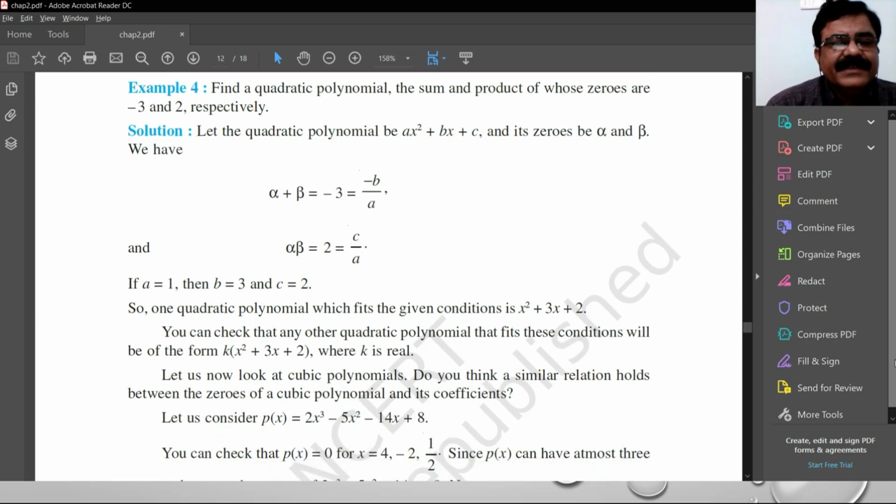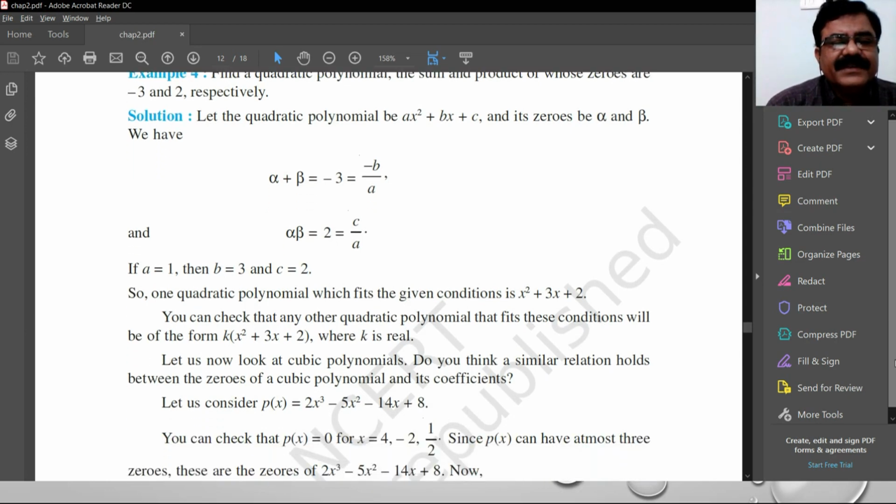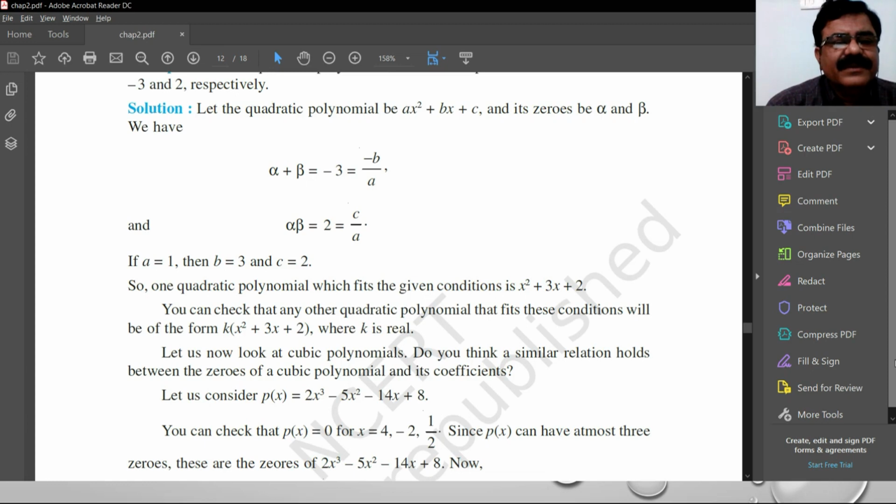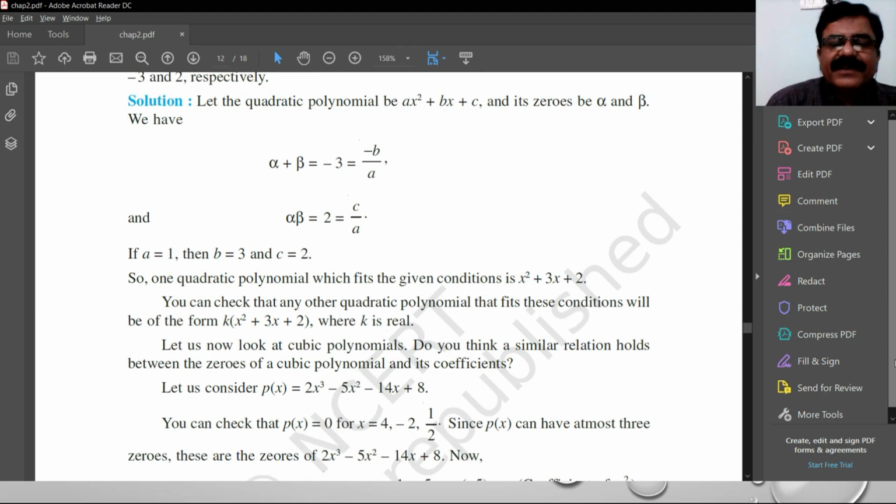If a equals 1, then b equals 3 and c equals 2. So one quadratic polynomial which fits the given conditions is x square plus 3x plus 2. You can check that any other quadratic polynomial that fits these conditions will be of the form k into x square plus 3x plus 2, where k is real.